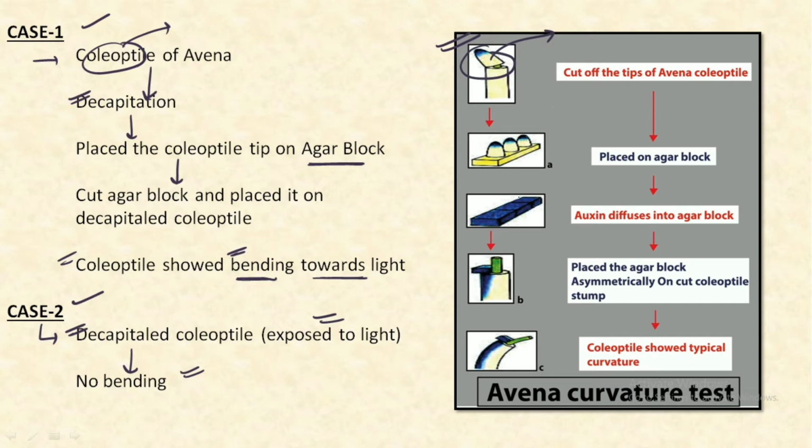We can see in the figure the steps that were followed. First the tips of the Avena coleoptile were cut off and placed on the agar. Then the auxin, the hormone that actually helped in the bending, diffused into the agar. When this agar was placed again on the coleoptile to check the results, it showed some bending.